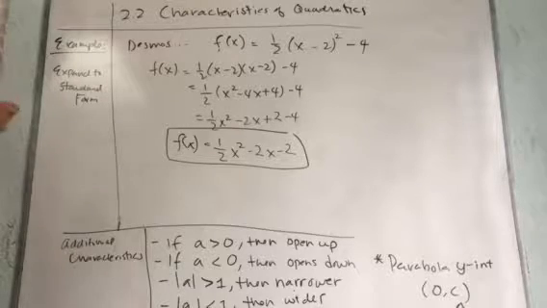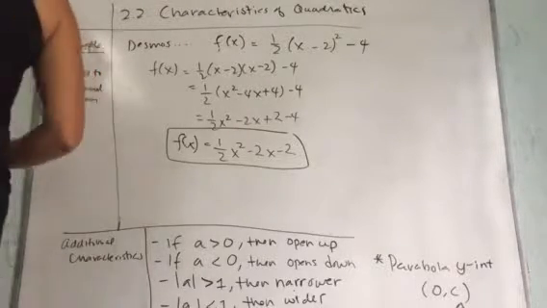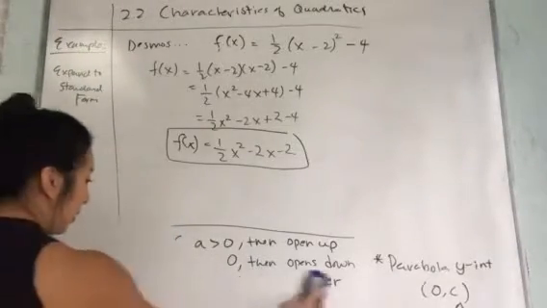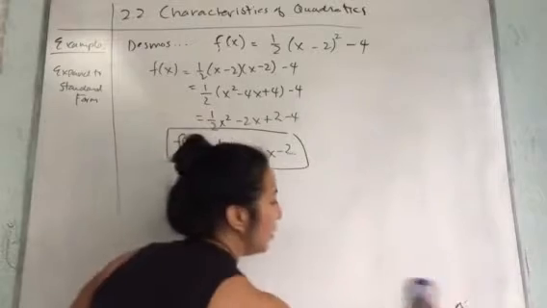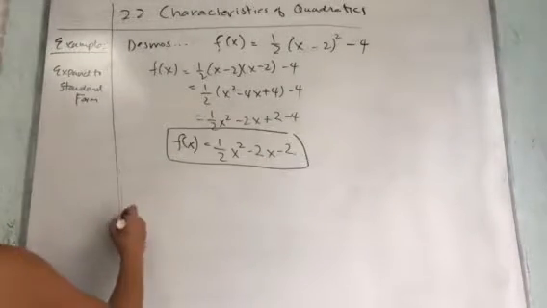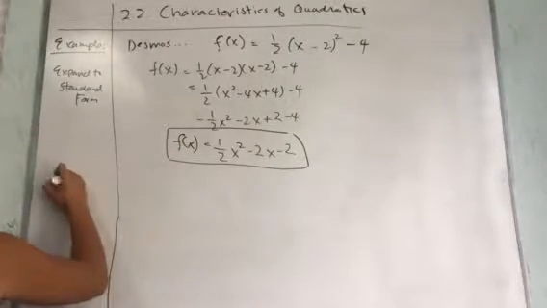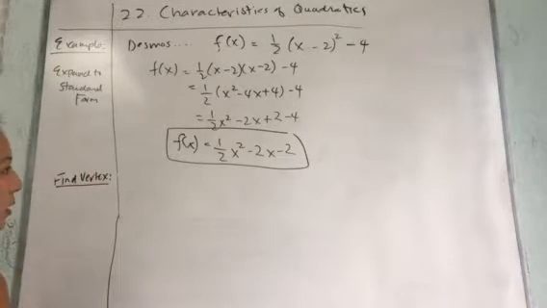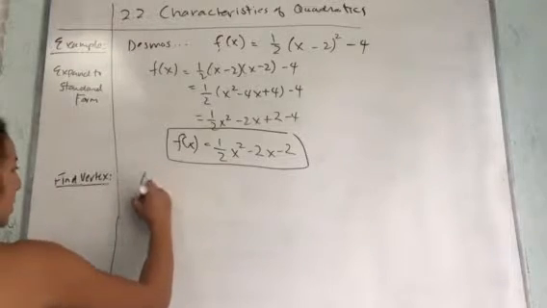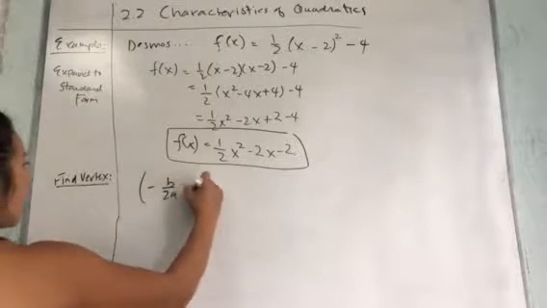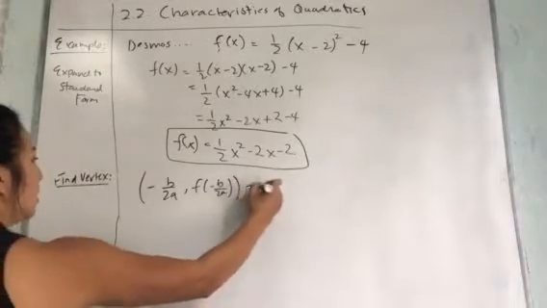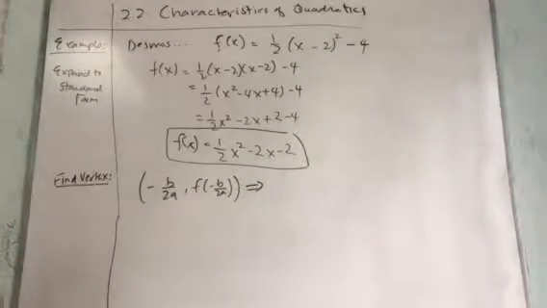Now, if we wanted to find the vertex, let's test the information that I just gave you. According to the information I gave you, the vertex is going to be negative b over 2a, comma, f of negative b over 2a. So I'm going to pull this off to the side.